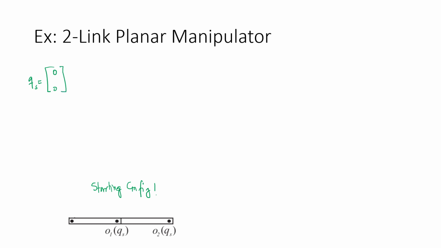What does that mean? This would mean that theta 1 is equal to 0 and theta 2 is also equal to 0. So that is indicated like a vector over here. So this corresponds to theta 1 and this corresponds to theta 2.